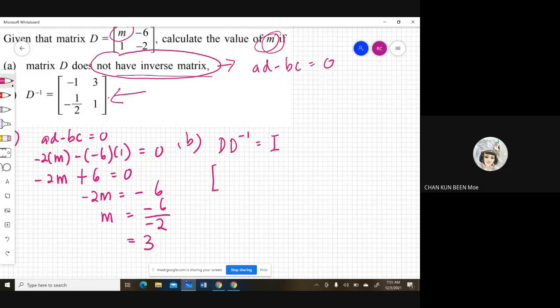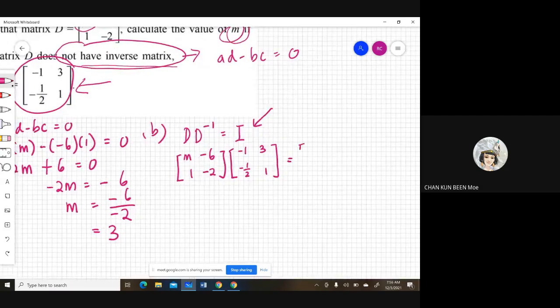So this is M, -6, 1, -2. And then the inverse matrix of matrix D, you follow this. It is -1, 3, -1/2, 1. Make it equal to the identity matrix, you have to make sure the order is the same, 1, 0, 0, 1.